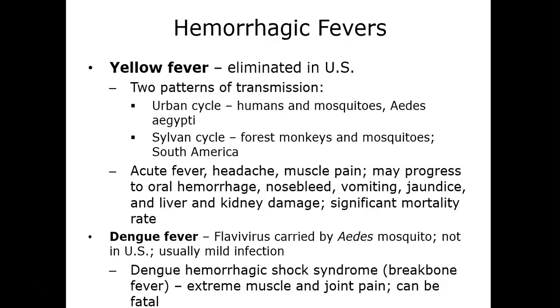And there's the sylvan cycle, which is significant between forest monkeys and mosquitoes, and that is prevalent in South America. And we oftentimes see our fever, headache, muscle pain, and obviously hemorrhaging. Anytime we get hemorrhaging, we're also going to get organ damage, like liver and kidney damage, and also jaundice or yellowing of the skin. That's why it's referred to as yellow fever.